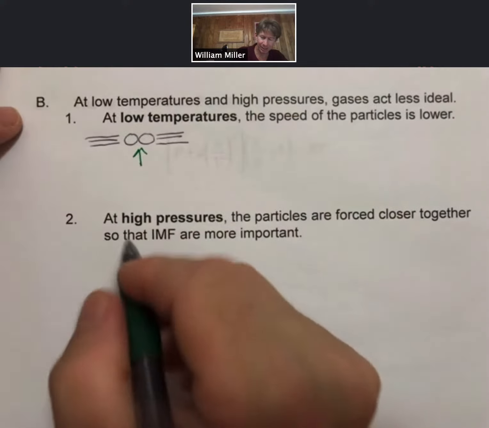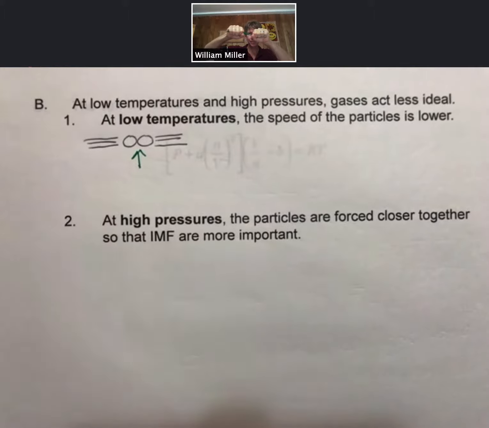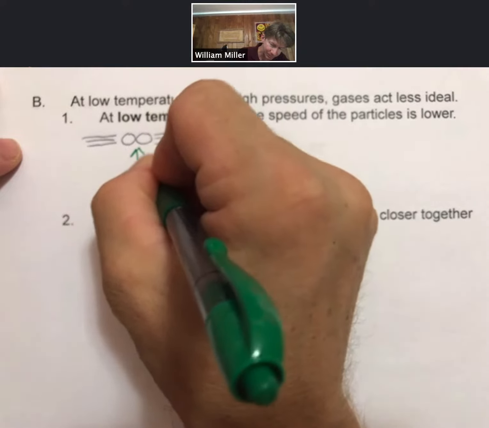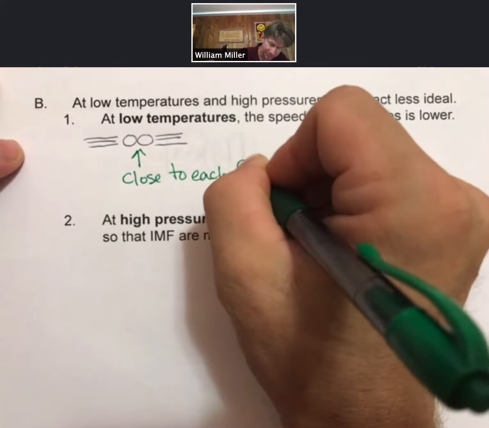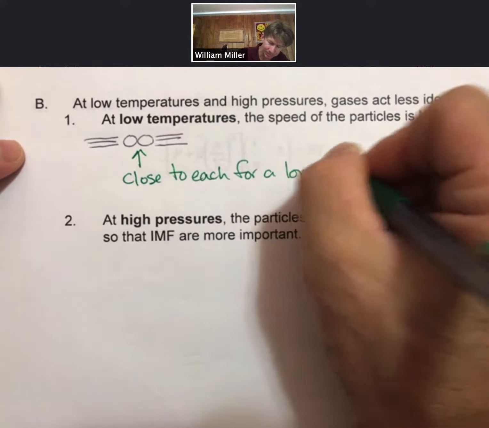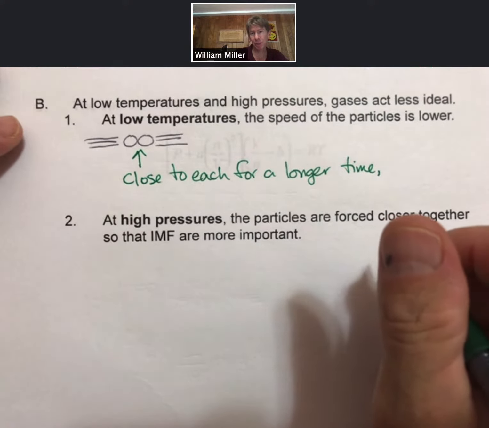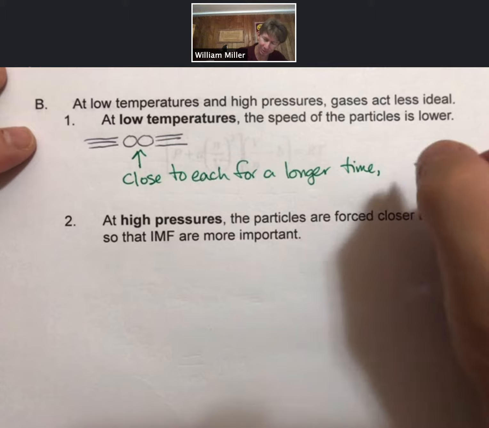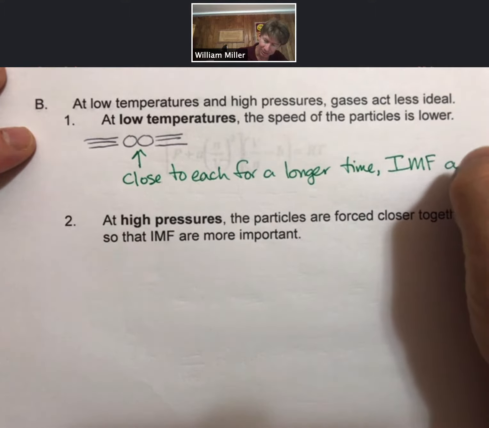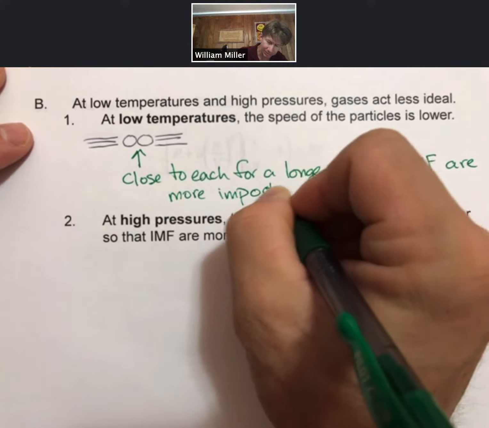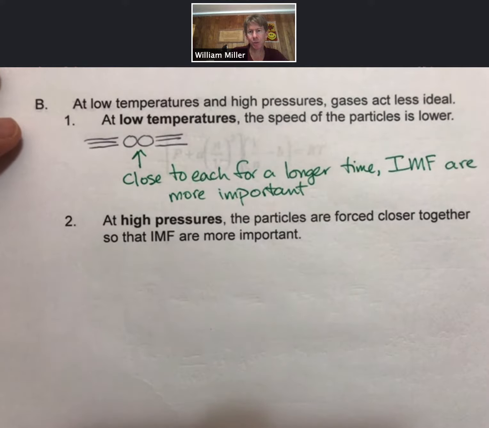When they're moving more slowly, they are close to each other for a longer time, and attractions between particles that we call intermolecular forces, or IMF, are more important. So we can no longer ignore or neglect intermolecular forces as temperatures go lower.